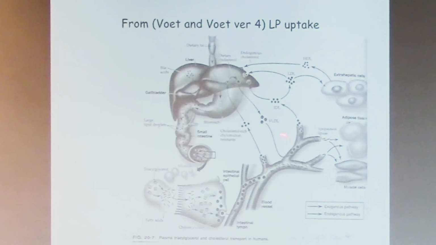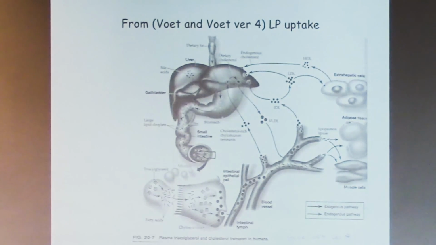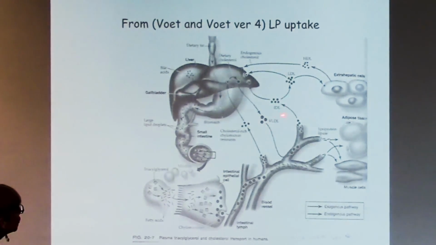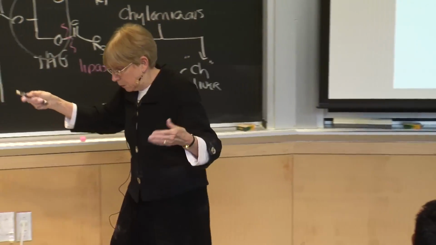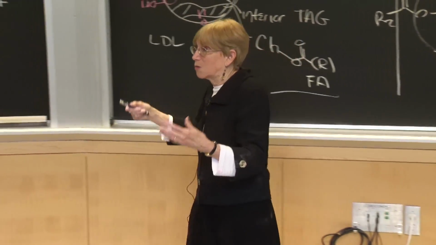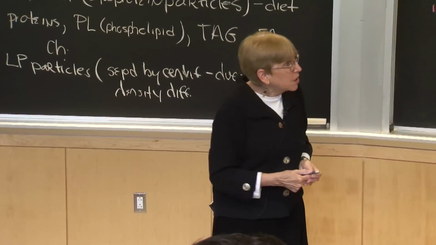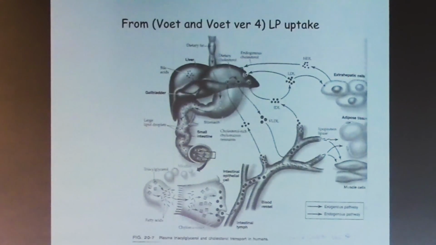It's very complicated. They then, in the bloodstream, can drop off stuff along the way to tissues as well. And then they change into intermediate density lipoproteins, which then can change into low density lipoproteins. And it's these low density lipoproteins that are going to deliver cholesterol, which has more cholesterol than any of these other particles, either to extrahepatic tissues or back into the liver.